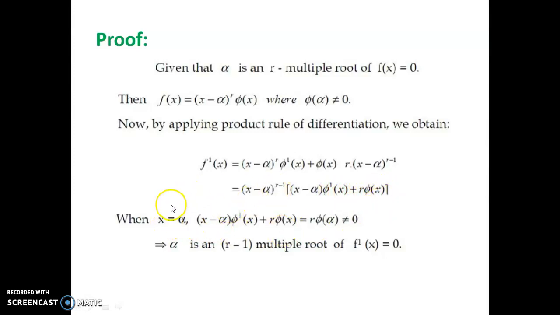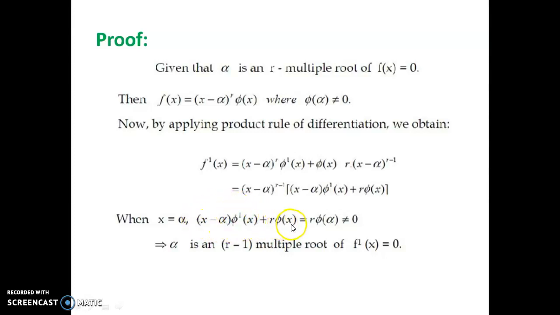Now whenever we put x is equal to alpha in this expression, then x minus alpha into phi dash of x plus r into phi of x will become r into phi of alpha, because when we put x is equal to alpha, the term x minus alpha is 0, so the entire first part will be 0.